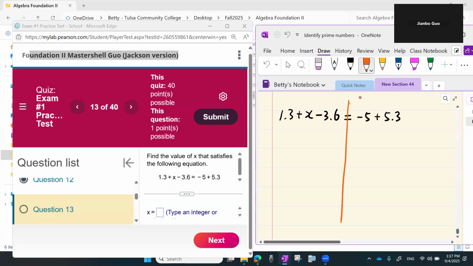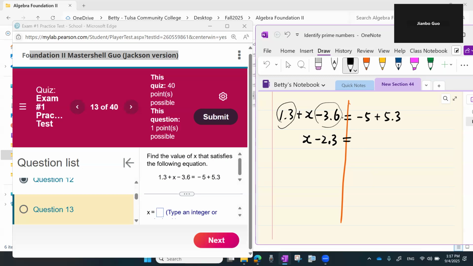And then we notice on the left side, we can combine the two constants, right? 1.3 minus 3.6 is negative 2.3. And we can bring down x here. So x minus 2.3.